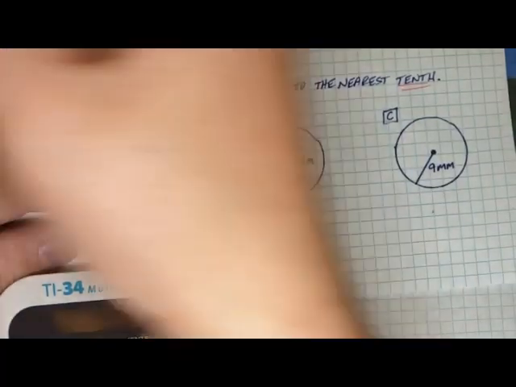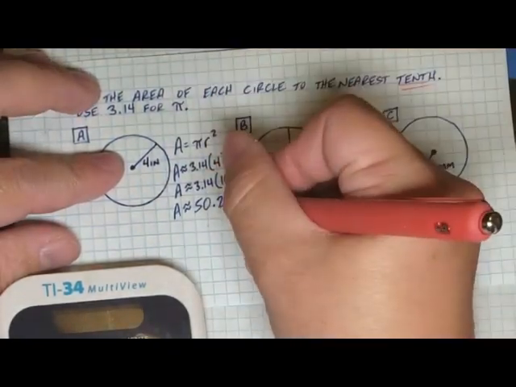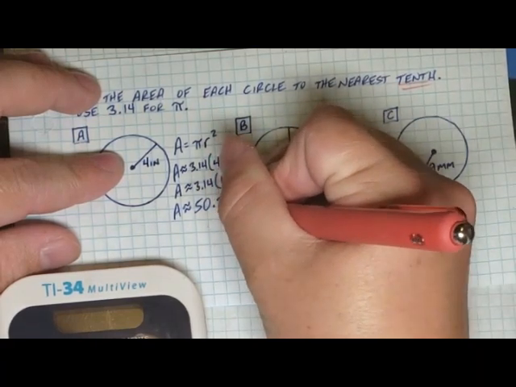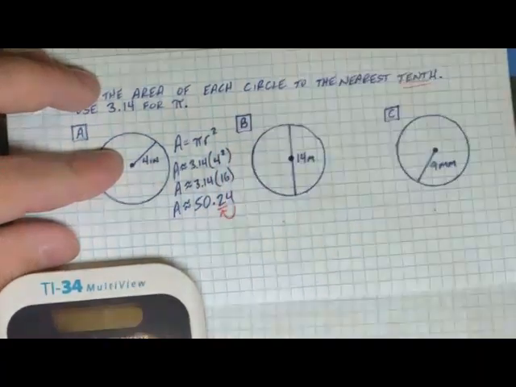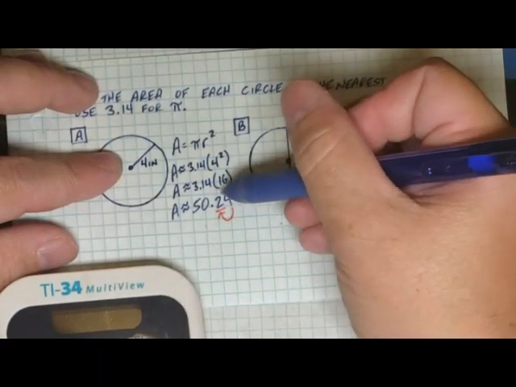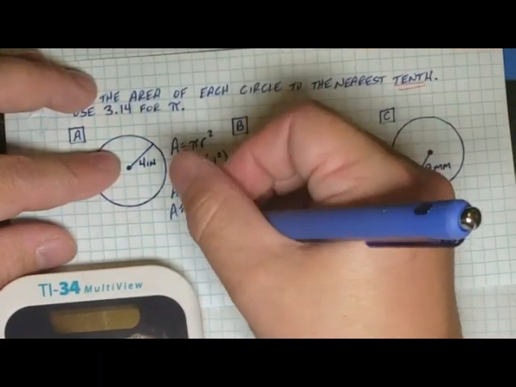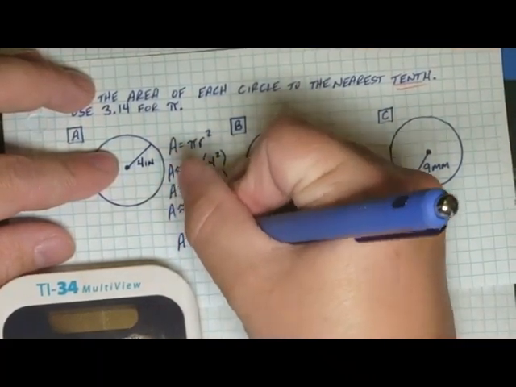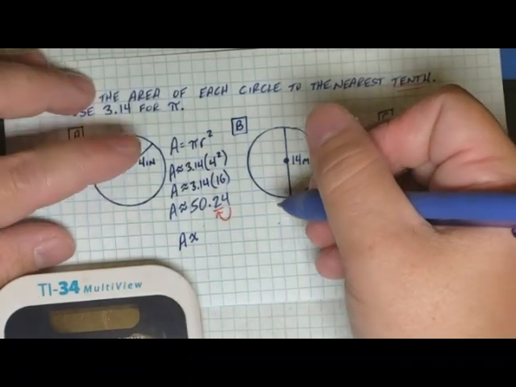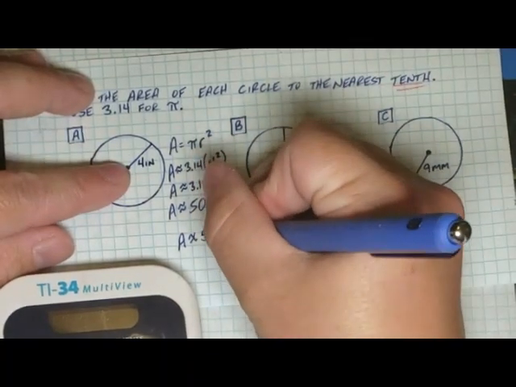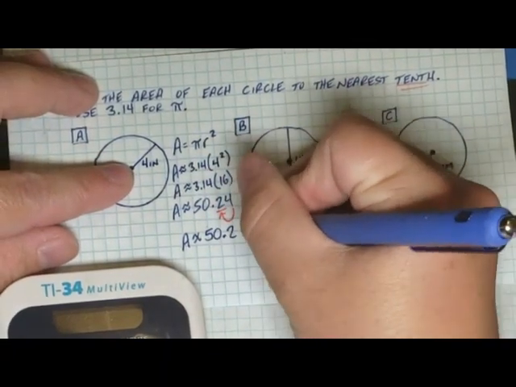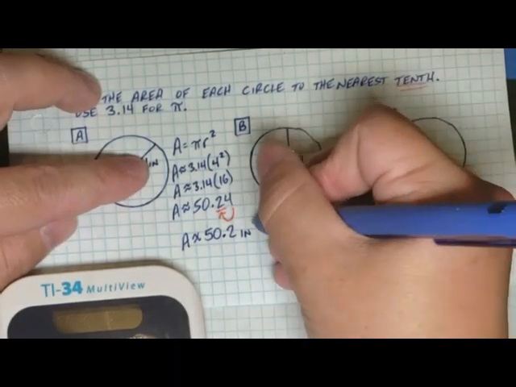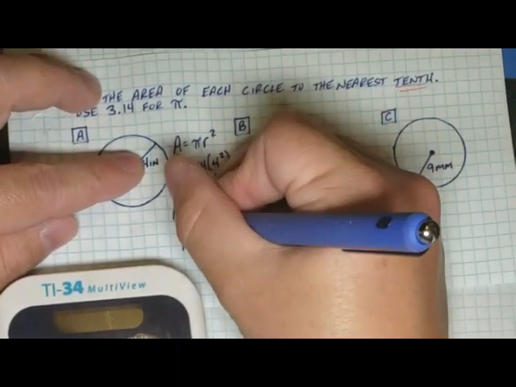And then if we look back at the instructions, it says the nearest tenths place. So we look at the 2 and we look at the 4. Is the 4 big enough to push the 2 up? It is not. So the area of this circle is approximately 50 and 2/10 inches squared.